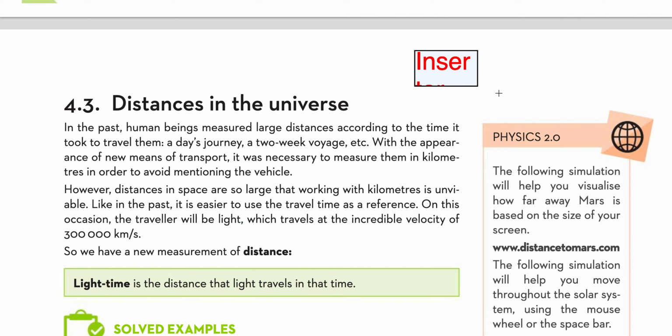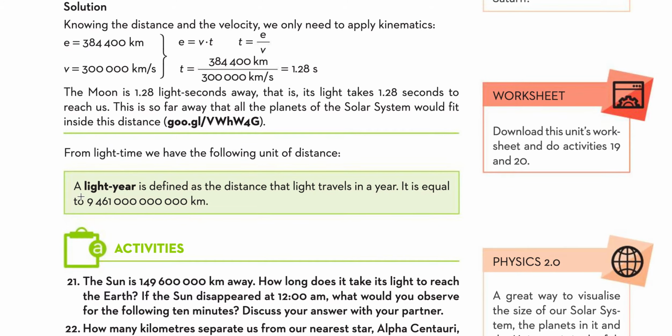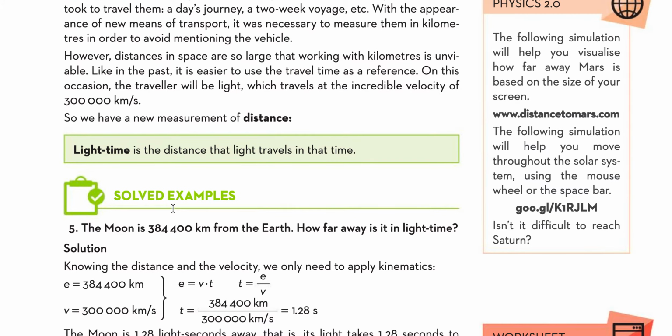This is the unit for distance in our universe. It's a huge number. In kilometers it is all this. This amount of kilometers means just 1 light year.